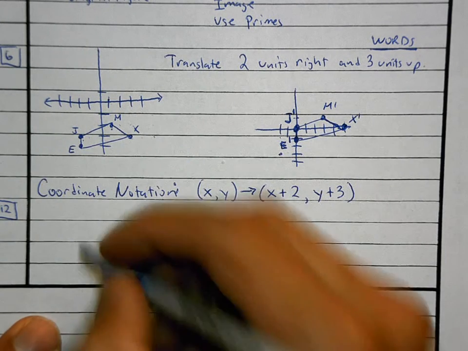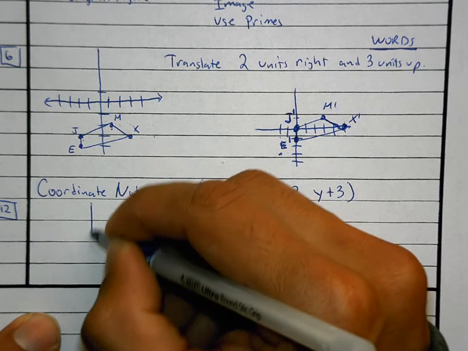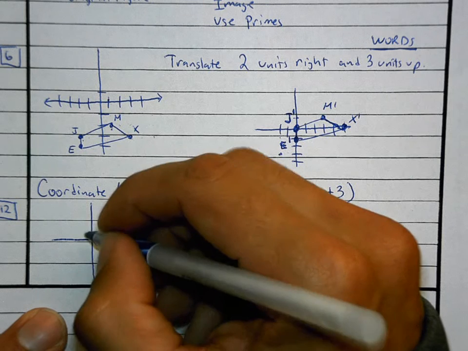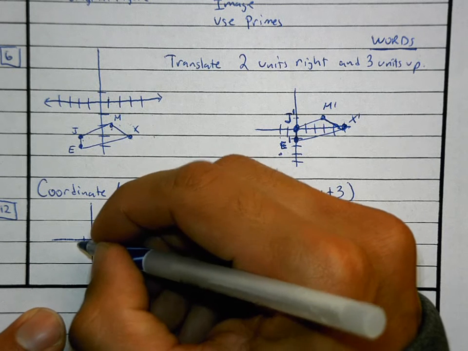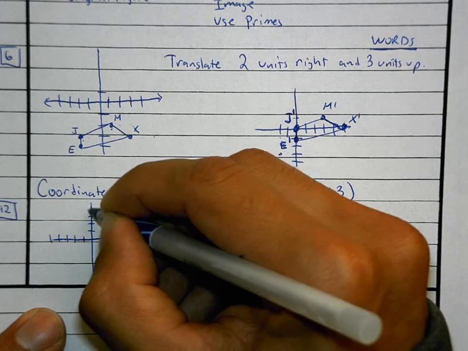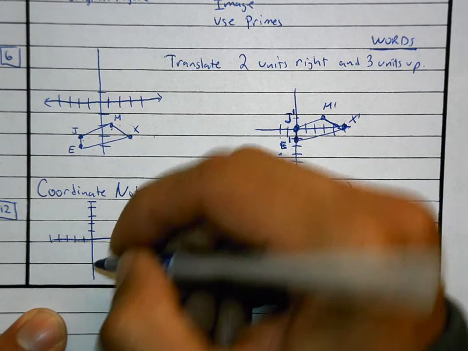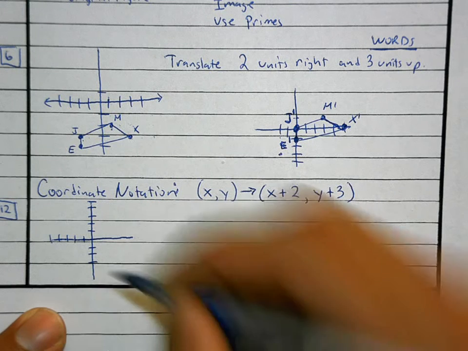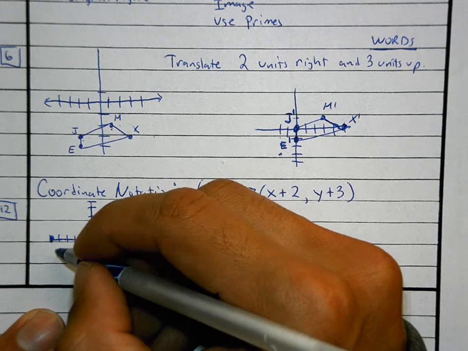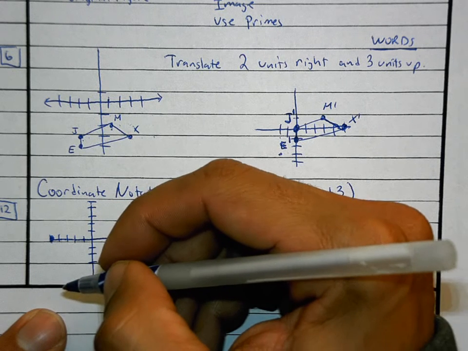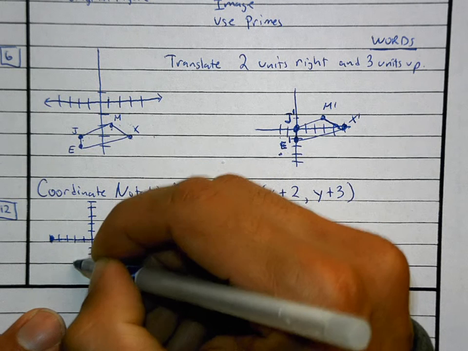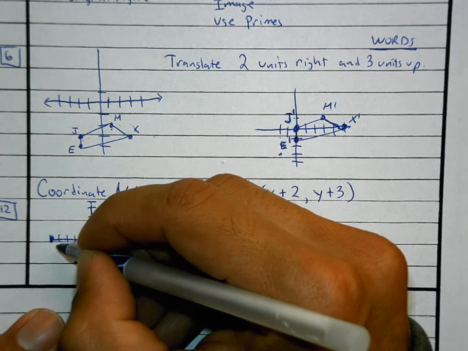Number 12 looks like this. This is a fiver. 2, 3, 4, 5. 1, 2, 3, 4, 5. Down 1, 2, 3. And we have here to the right 3. 1, 2, 3, down 3. 1, 2, 3. To the right 1, down 1.